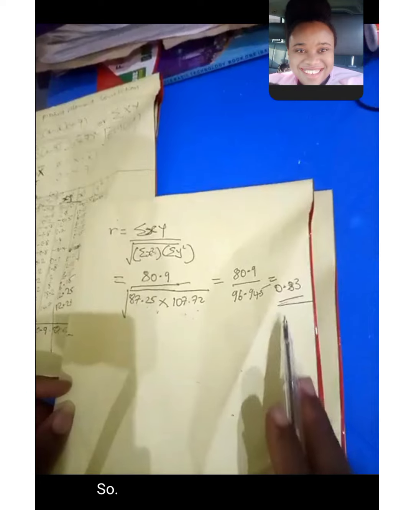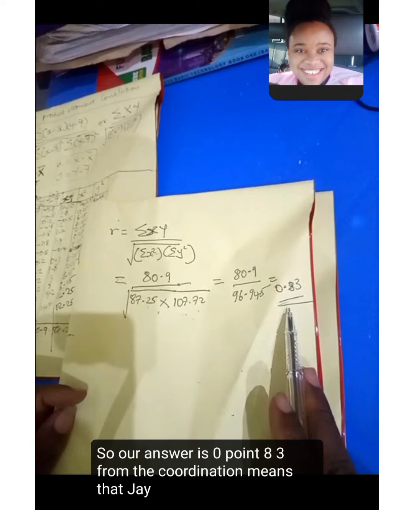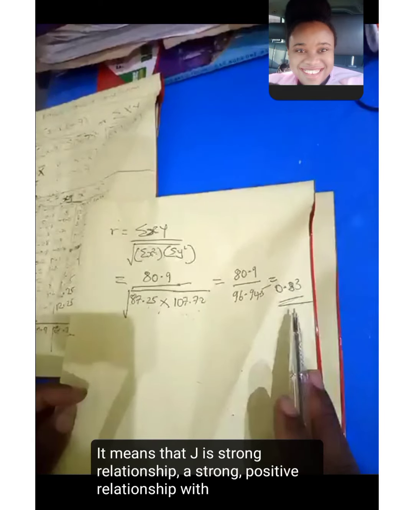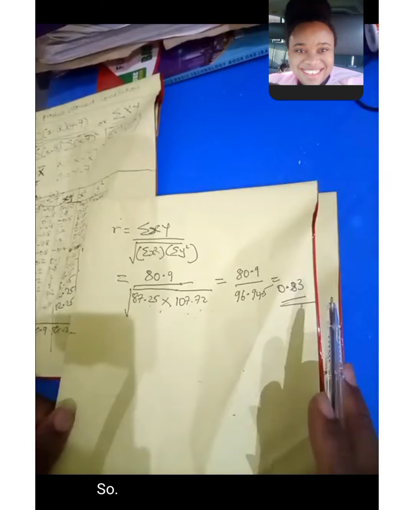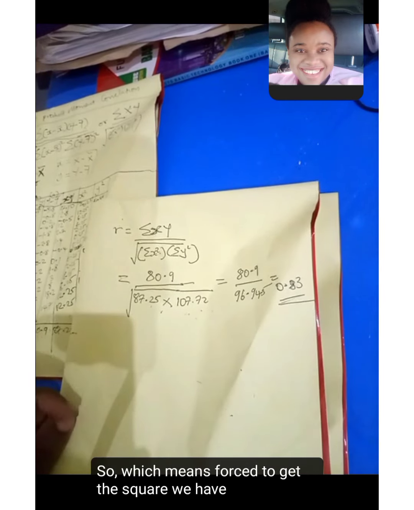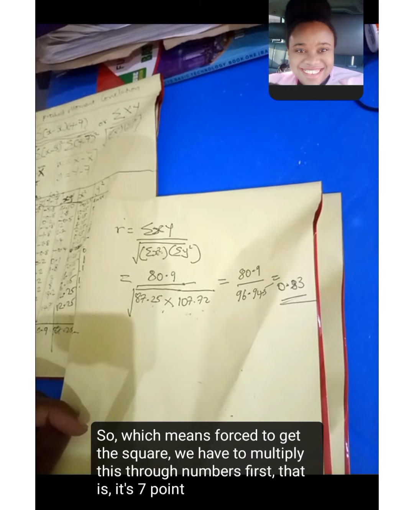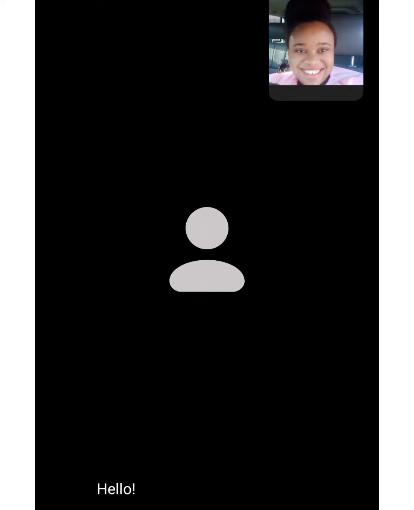From the correlation, it means that there is a strong positive relationship between X and Y. For us to get the square root, we have to multiply these two numbers first, that is 87.25 times 107.72. We have to multiply it first before we get the square root. Whatever answer we get, we should do the square root of that answer.